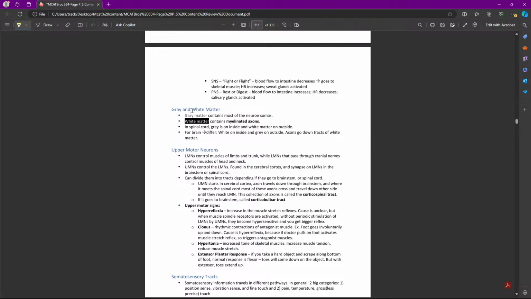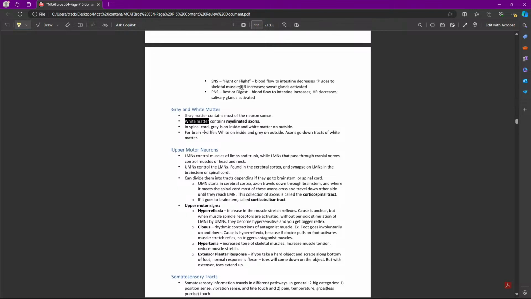So, gray matter is the soma bodies, white matter is the myelinated axons. If you think about it, myelin sheaths are white, so they're going to be white. In the spinal cord, the gray matter will be on the inside because all the axons want to be extending out, so the white matter will be on the outside.